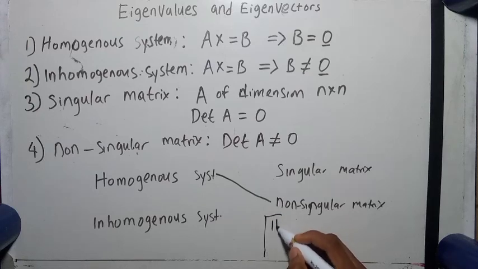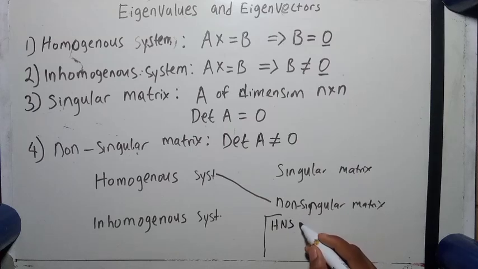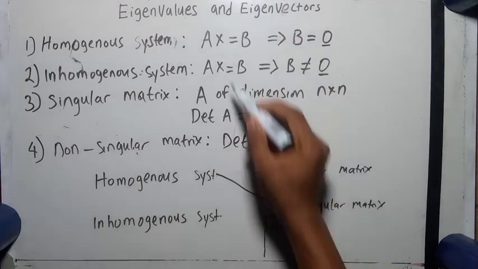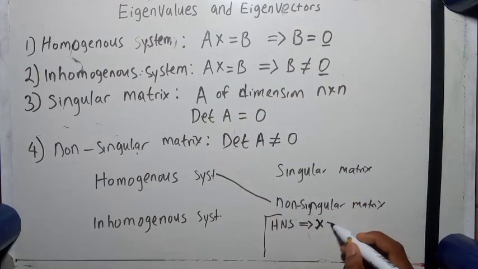When H for homogeneous and non-singular go together, our x in this case is a zero matrix.